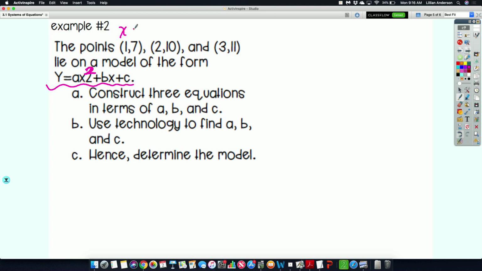Okay, so create my equations. So you're going to do each time for each set of the points. Use your technology to find a, b, and c. And then once you find it, you actually have to write the actual equation. So y equals the actual equation, okay? So go ahead and do that now. Write your equations.